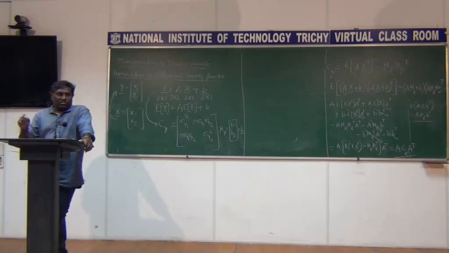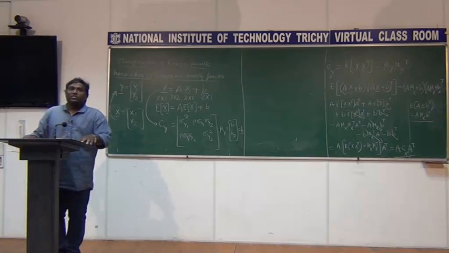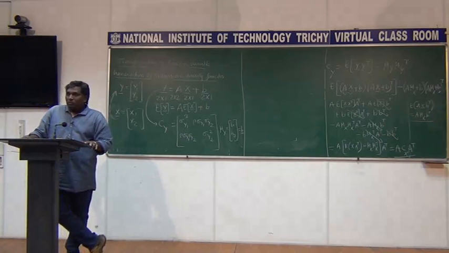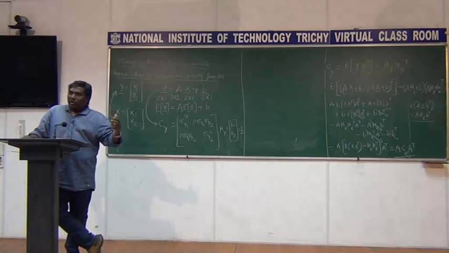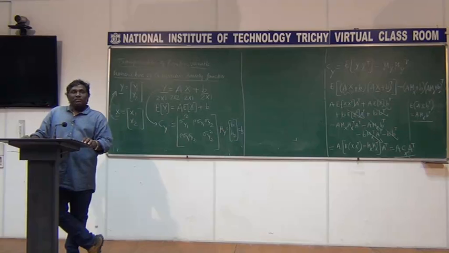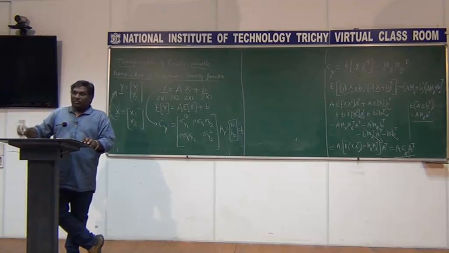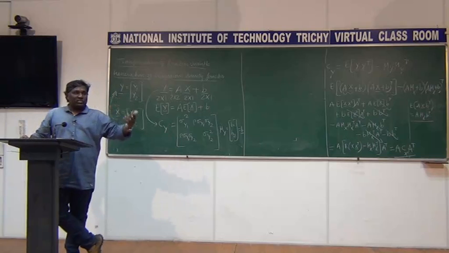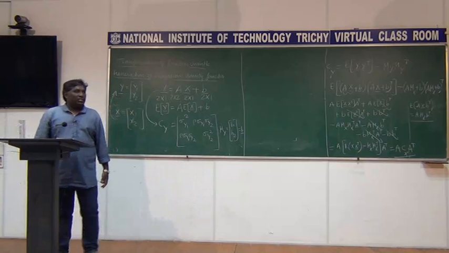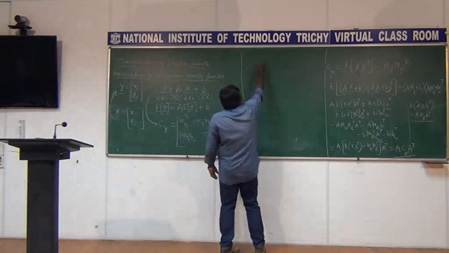If I have an arbitrary matrix A that is said to be diagonalizable, then there is an invertible matrix called M such that M inverse A M is equal to D. Have you heard about this earlier? How many of you know diagonalization? Good.